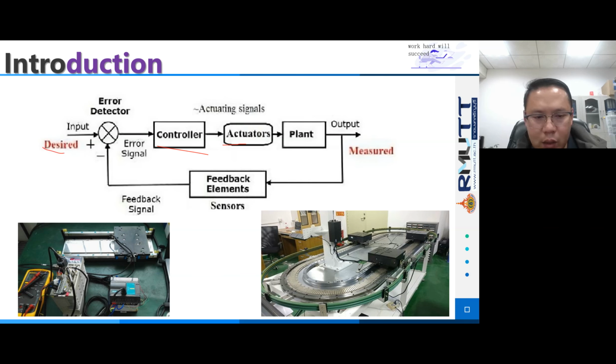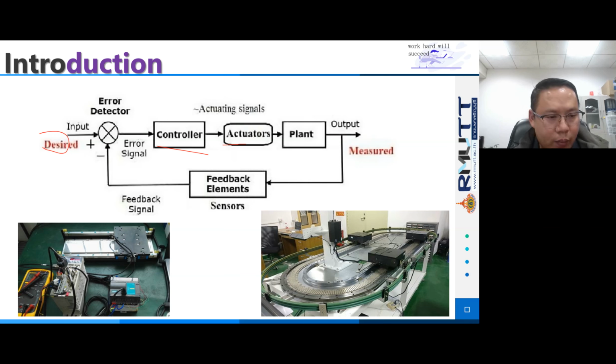A desired value for the system is set. This could be a target position, for example, 100 millimeters, or speed, such as 5 centimeters per second, or a force.